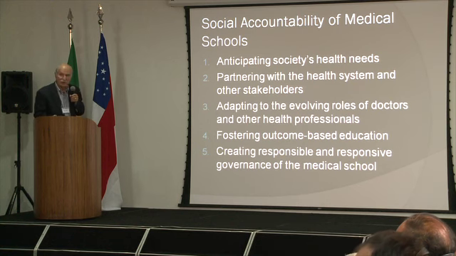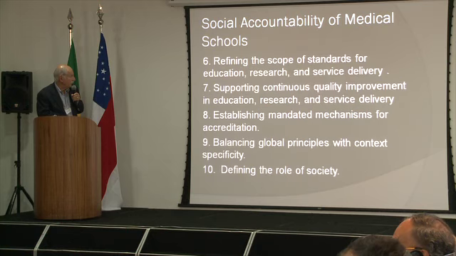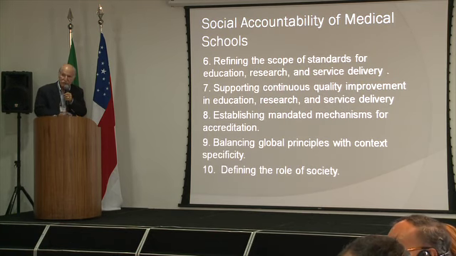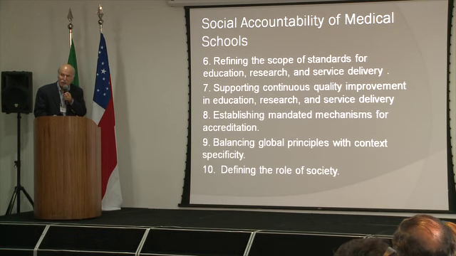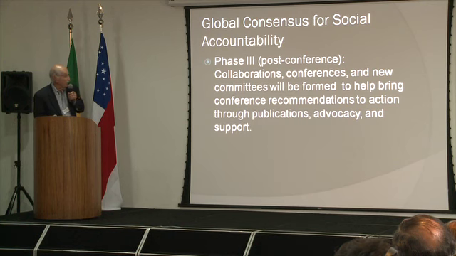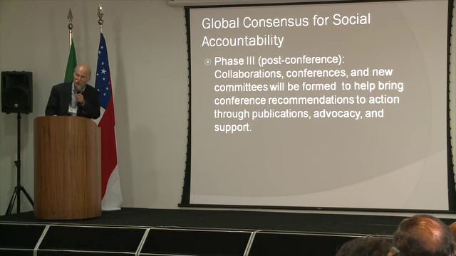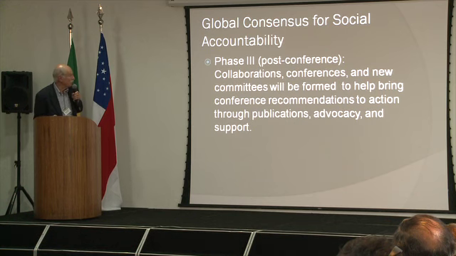I'm not going to read all of those in the interest of time, but those are 5, and those are another 5, and you can find all this on the internet quite easily by Googling social accountability of medical schools. They offered us the opportunity for a phase 3, collaboration, conferences, and new committees, and perhaps this is one of those, collaborations, conferences, or new committees.